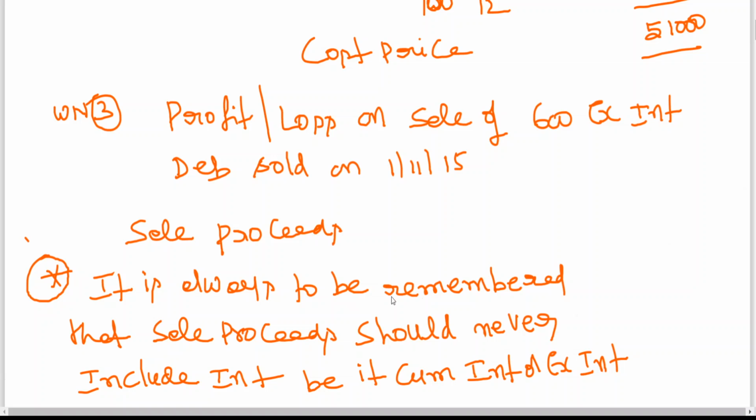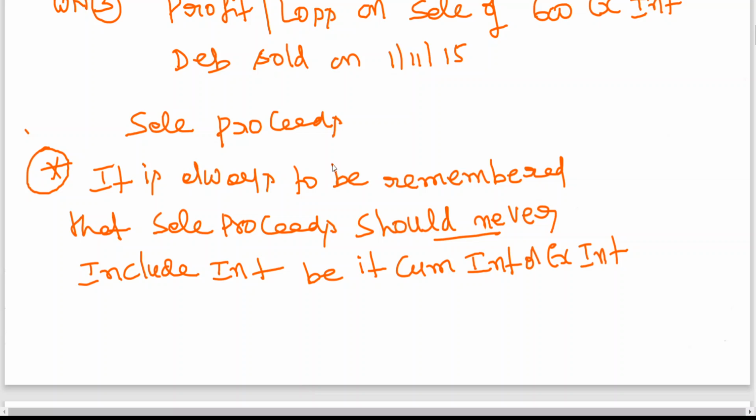Clear? It is always to be remembered that sale proceeds should never include interest, be it cum interest or ex interest.